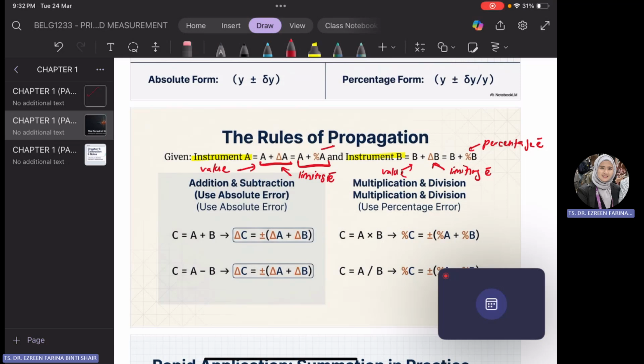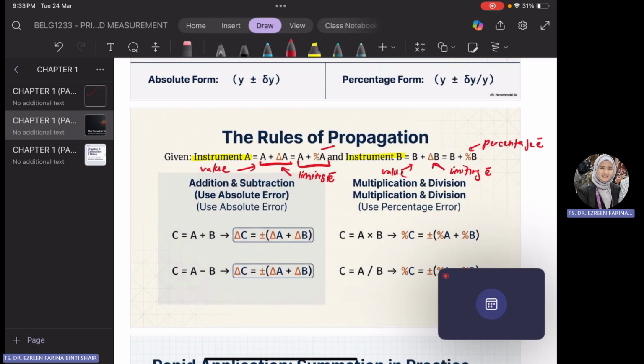So what happens to the error? It depends whether the system consists of addition and subtraction, or multiplication and division.